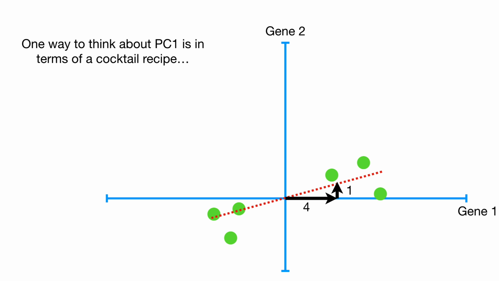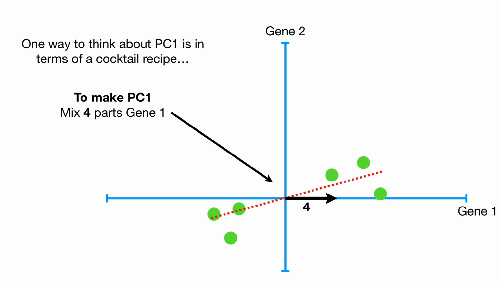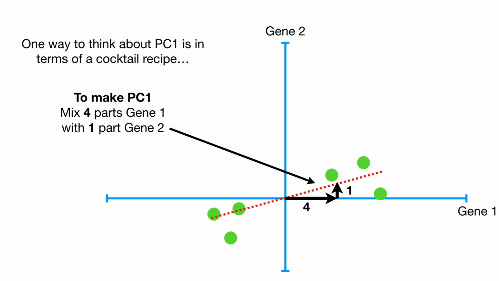One way to think about PC1 is in terms of a cocktail recipe. To make PC1, mix 4 parts gene 1 with 1 part gene 2. Pour over ice and serve.